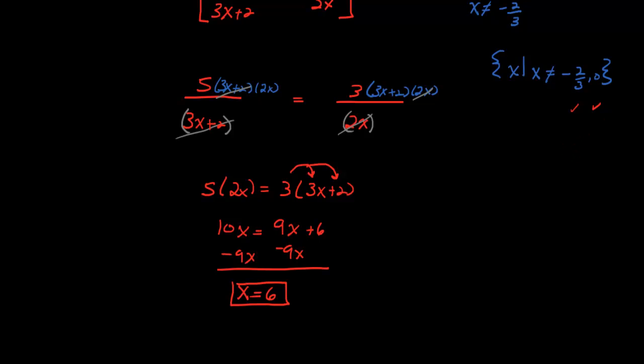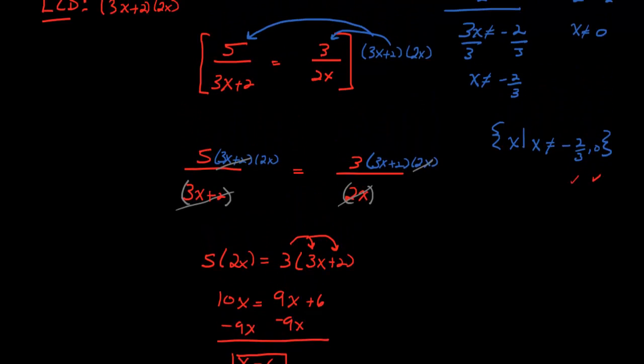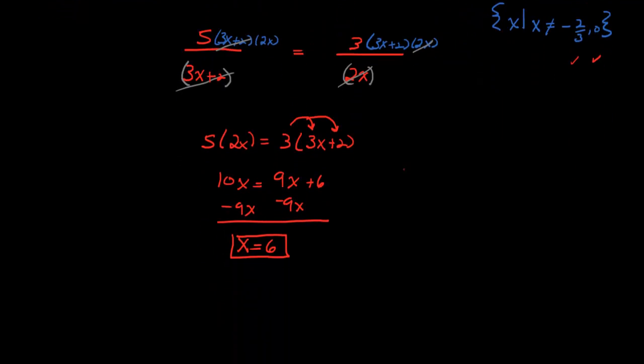In essence, what we could do with every single one of these equations is always check our answer. So if we had 5 all over 3x plus 2 set equal to 3 all over 2x, you can always plug in the value that you got to determine if it works. So we're going to have 5 all over 3 times 6 plus 2. That has to equal 3 all over 2 times x, but x was 6.